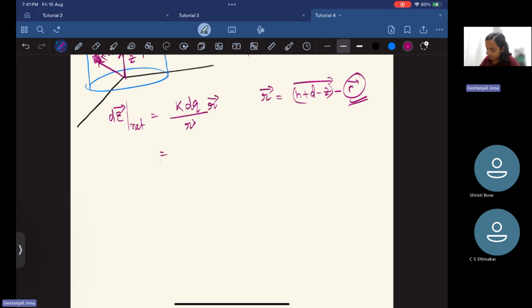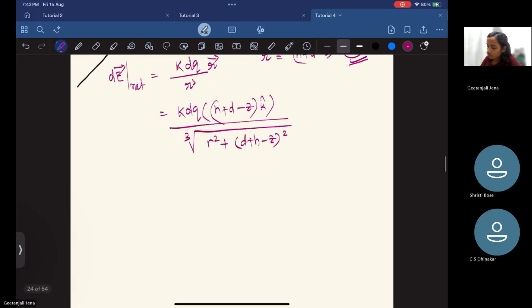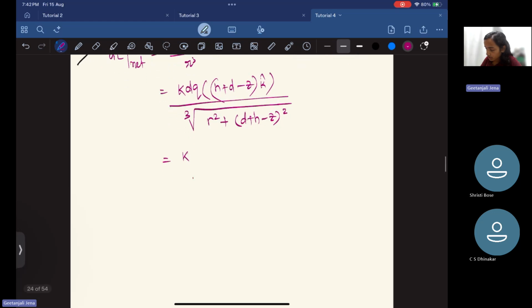So we have k dq times d plus h minus z k cap over r square plus d plus h minus z square, to the power 3 by 2. dq will be rho dv, right?